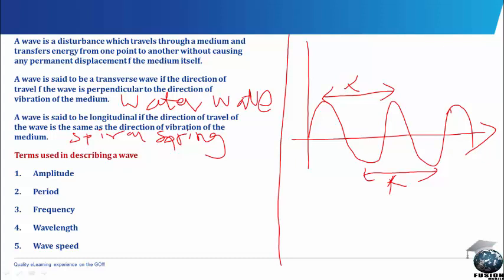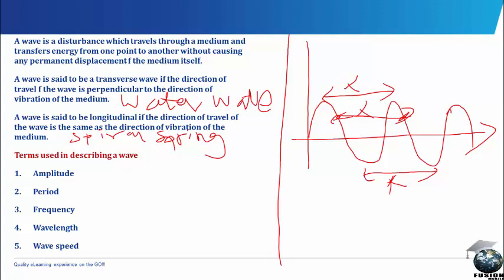Now, if I have a particle somewhere here and I have another particle somewhere here, these two particles are in phase. That means that from here to here is also a wavelength.